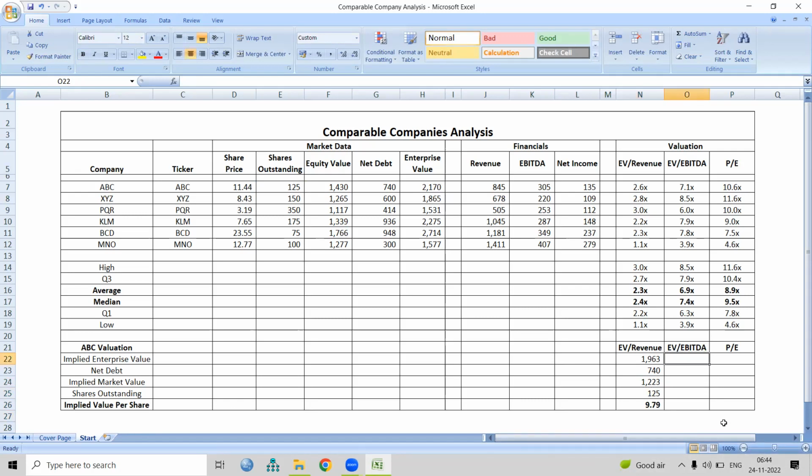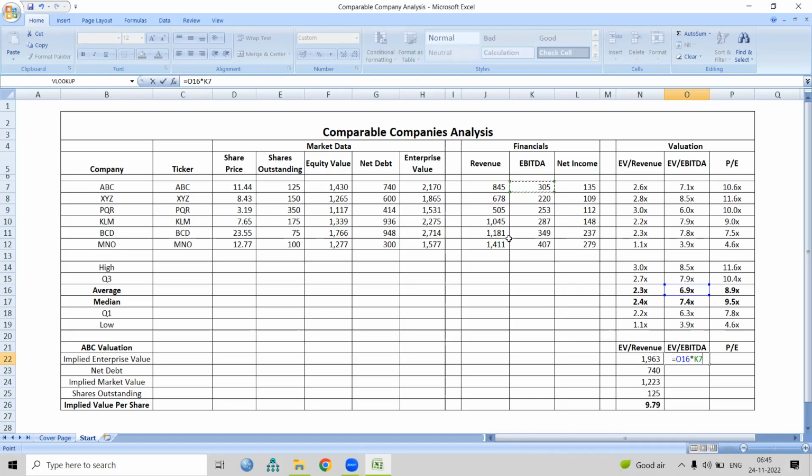In the same line, let's try to find out the value of EV to EBITDA, enterprise value to EBITDA. Is equal to, again the same approach. The average enterprise value to EBITDA is in O16, 6.9 times of EBITDA. EBITDA is listed in the K7 reference cell.